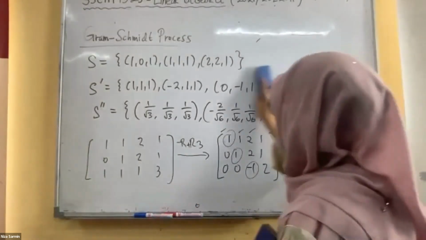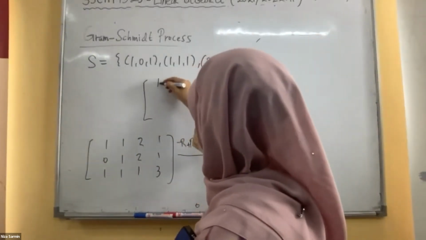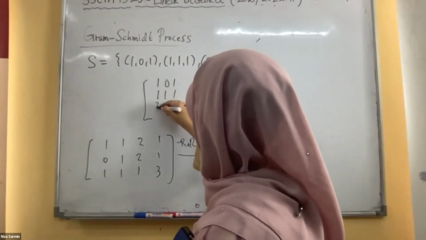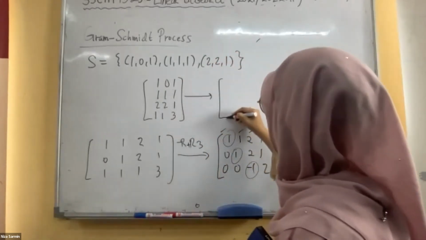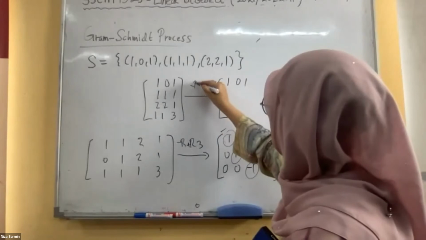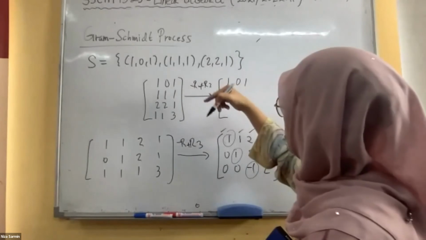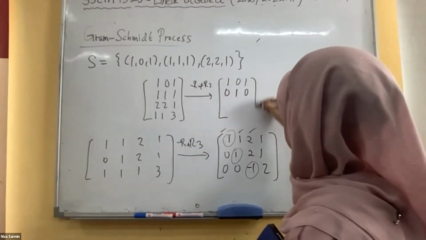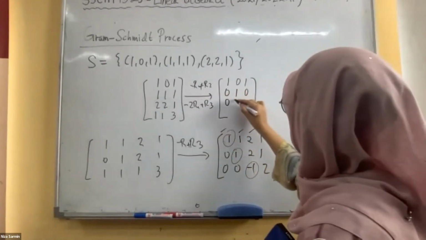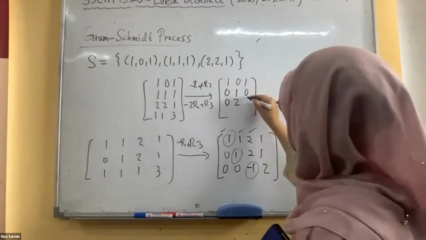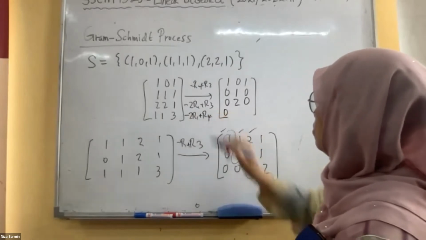If you want to do row, like the row space, it's different, yeah? If you want to do row, you will do like this: 1, 0, 1, 1, 1, 1, 2, 2, 1, 1, 1, 3. Then you reduce. This is as rows, yeah? 1, 0, 1, negative row 1 plus row 2, this is a bit difficult. 0, 1, 0, and negative 2 row 1 plus row 3, 0, 2, 0, 0, negative 2 row 1 plus row 4.